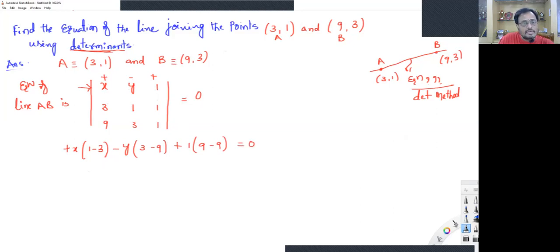Therefore minus 2x plus 6y is equal to 0, divided by 2, x minus 3y is equal to 0. So this is the equation of the required line.